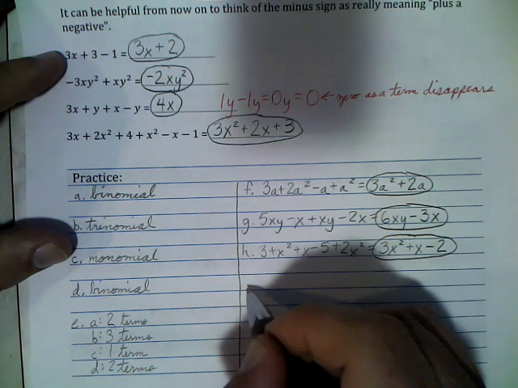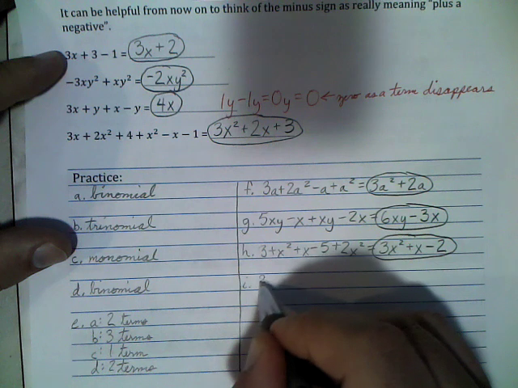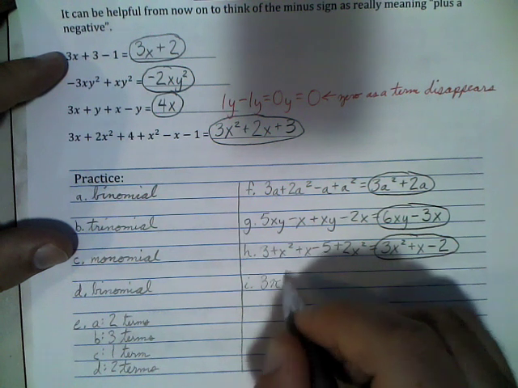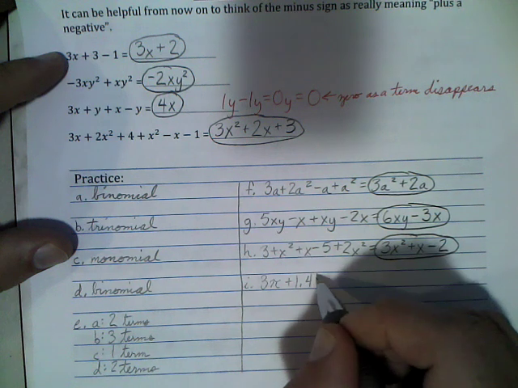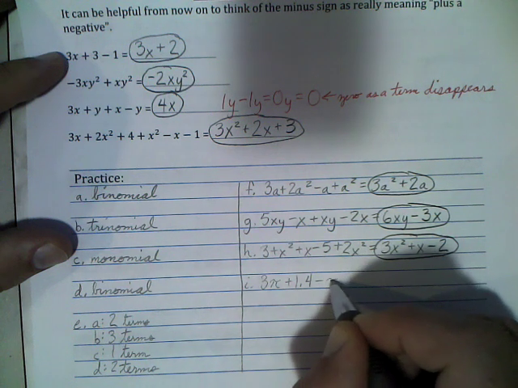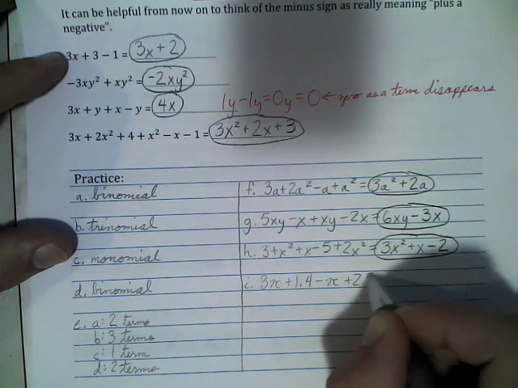And then finally I. For I, we have 3 pi plus 1.4 minus pi plus 2.8.